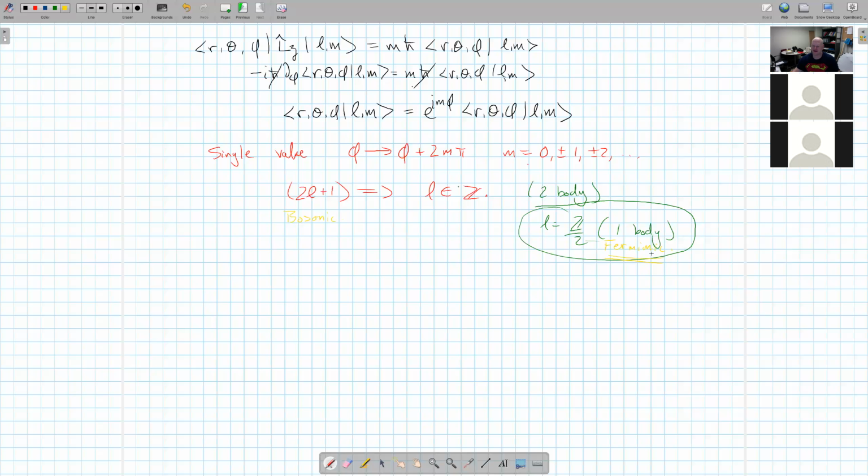So even though we're building it from multiple things which have half integer spin, this has to have full integer spin.